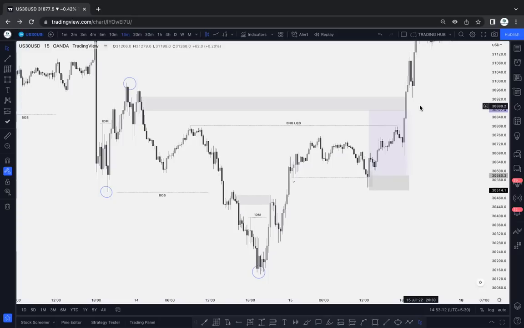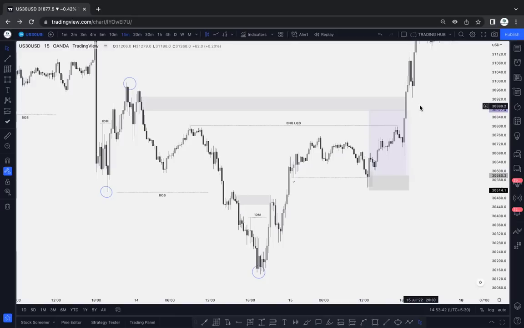Yes, but they destroy this level. Another engineered liquidity is here for the lower time frame. If the price starts to go down, this is inducement.